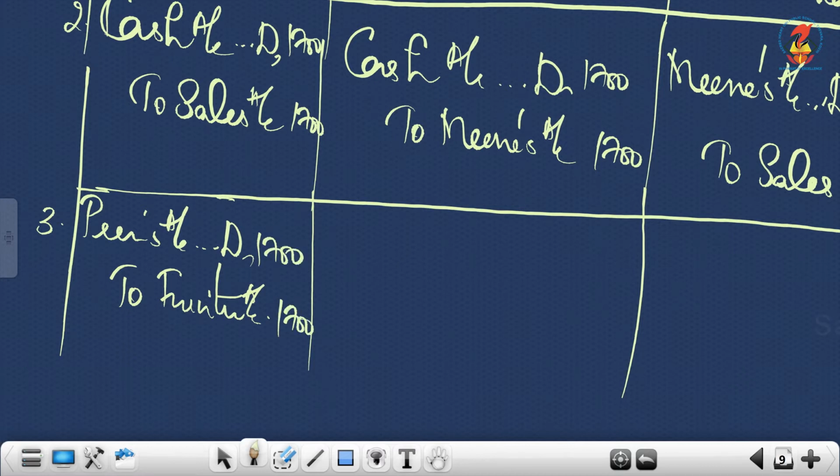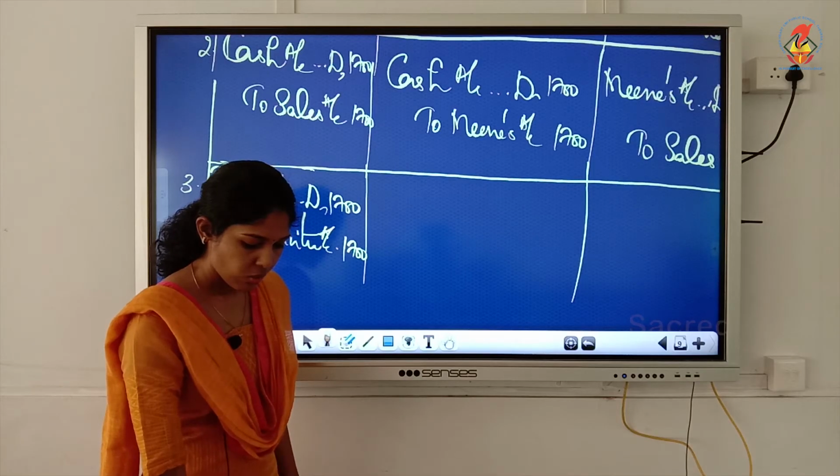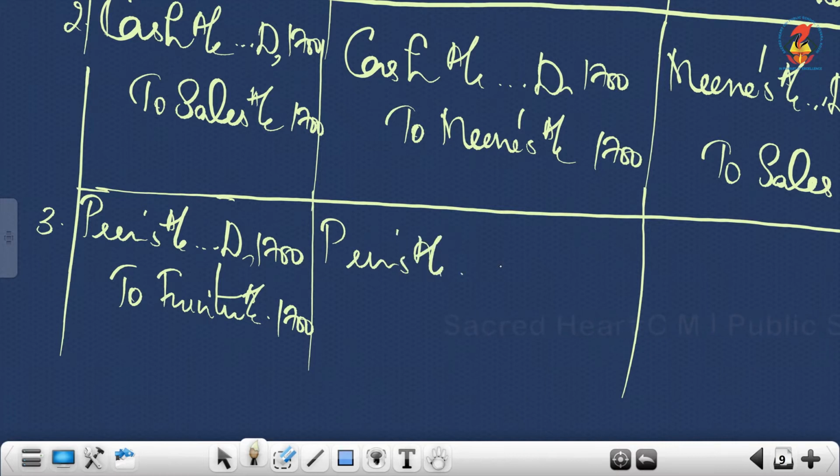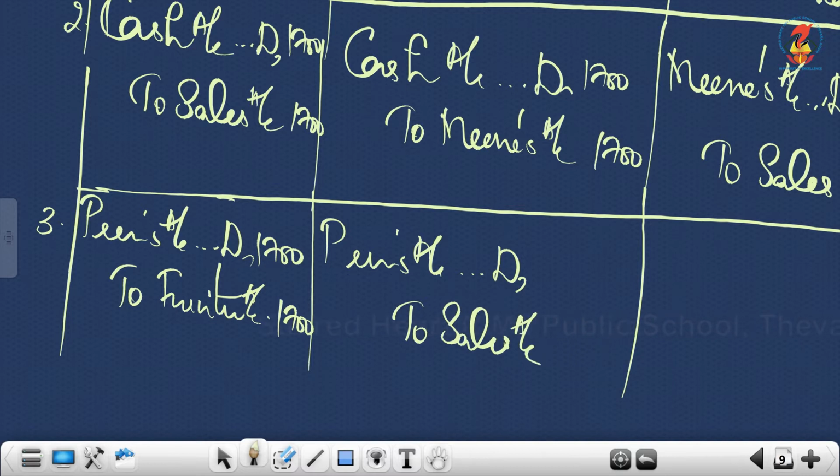Instead of that, what did we write? We have recorded it to sales account, isn't it? Was credited to sales account. So the debit aspect was the same. Prem's account debtor, then it was credited to sales account. This is a mistake. The amount is same, I think. Yes, the amount is same, 1700.